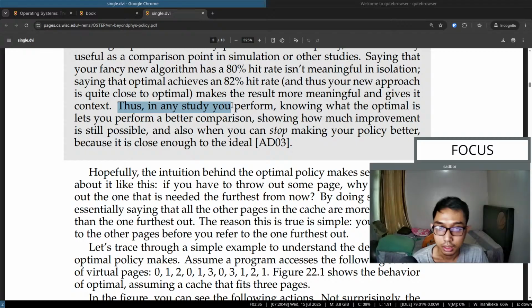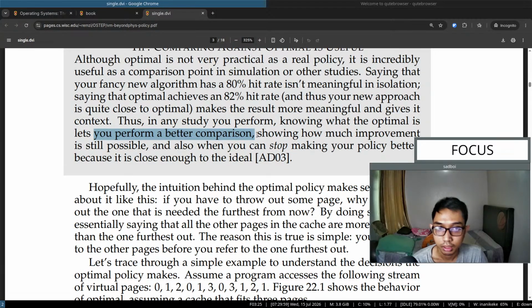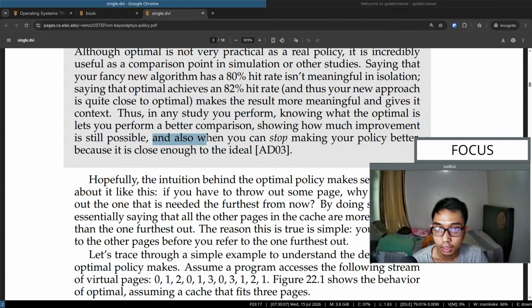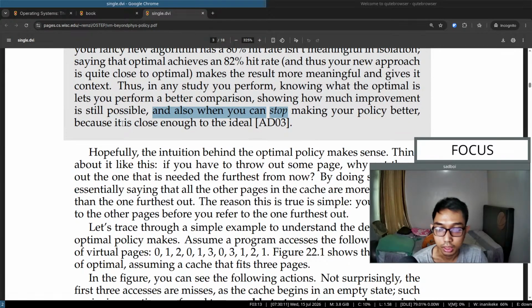Thus, in any study you perform, knowing what the optimal is lets you perform a better comparison, showing how much improvement is still possible, and also when you can stop making your policy better because it is close enough to the ideal.